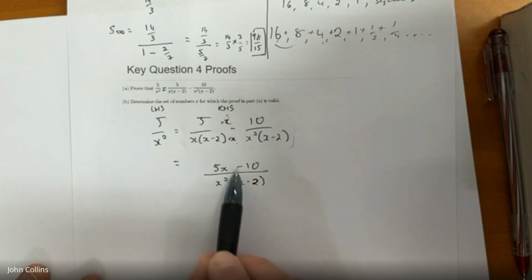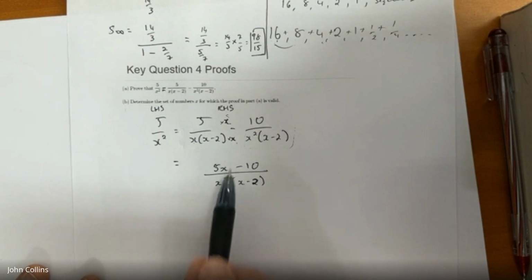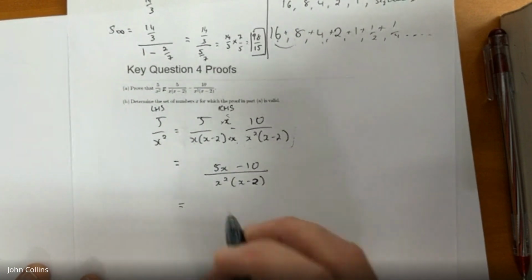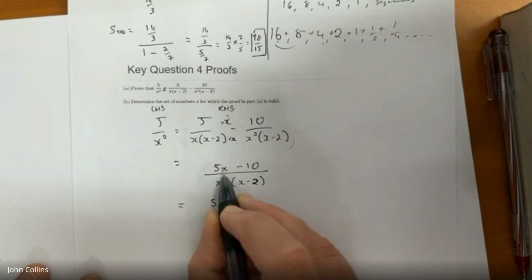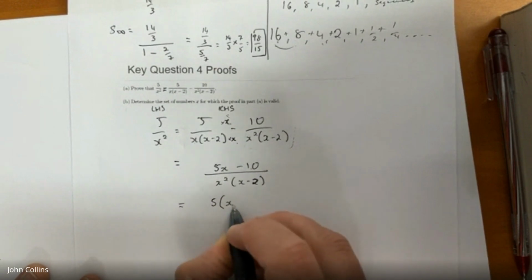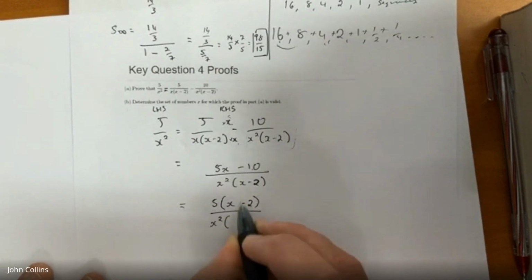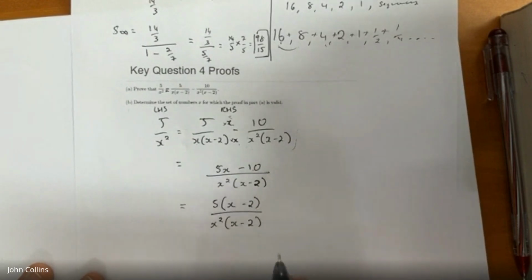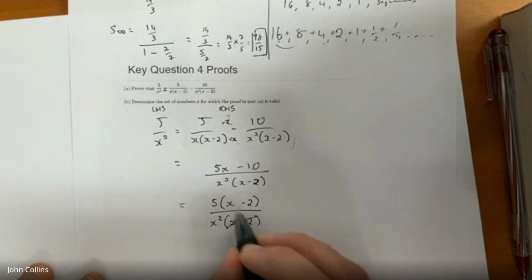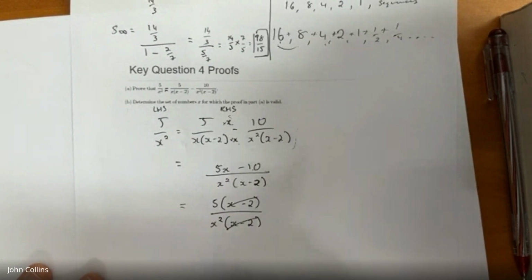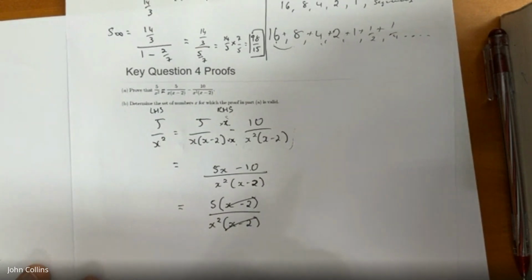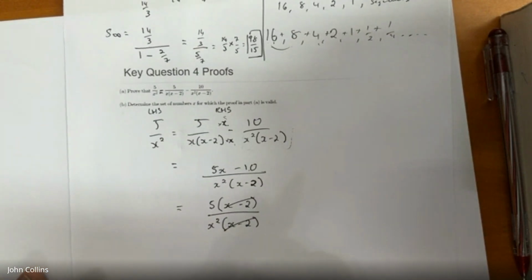Factorize the top. I'm going to pull out 5 out of the top. And what am I left with? x minus 2. On the bottom, I have x squared and x minus 2. If I'm multiplying and dividing by the same thing, that cancels and we're done. So you missed it. Factorizing skill in algebra.